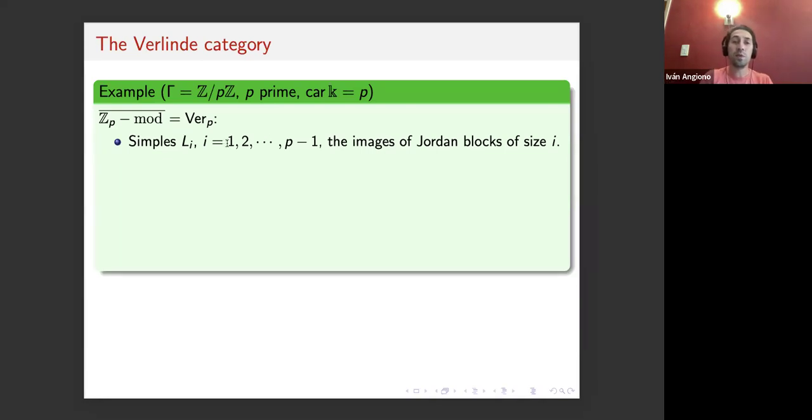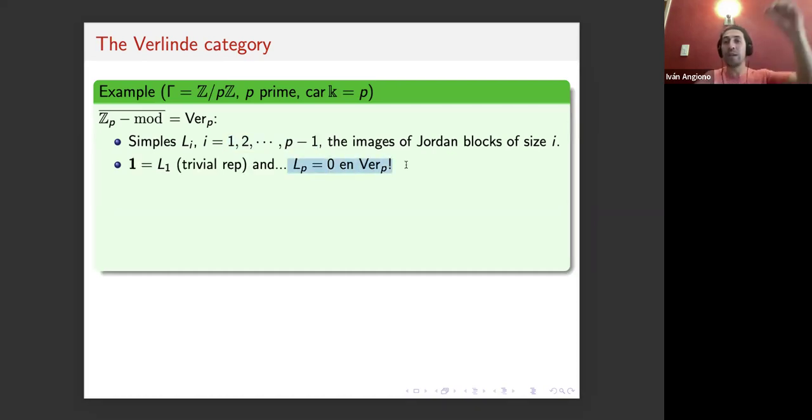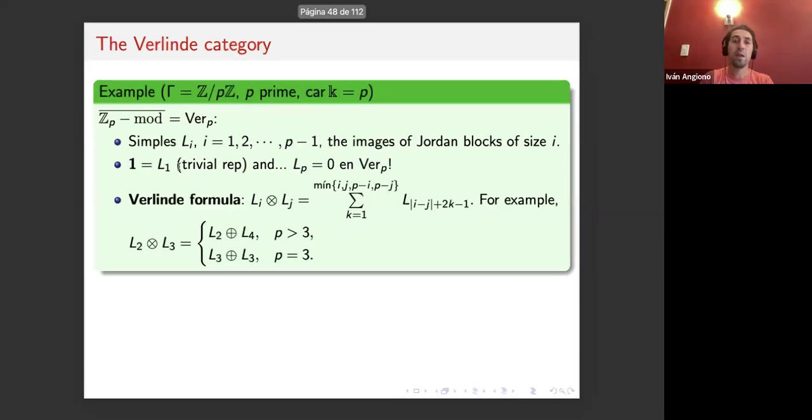Why do we keep just from 1 to p minus 1? Because essentially L_p is 0 in the quotient. The trace is p, which in characteristic p is 0. But for all the other objects, you have trace not 0. And as usual, the unit down is the image of the unit up, which is the trivial representation. Nothing so strange.